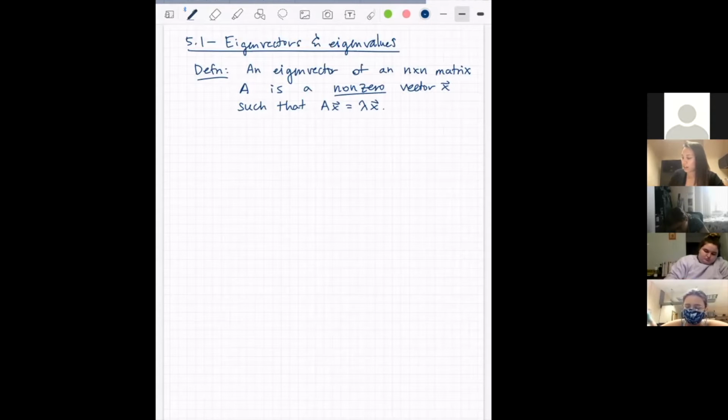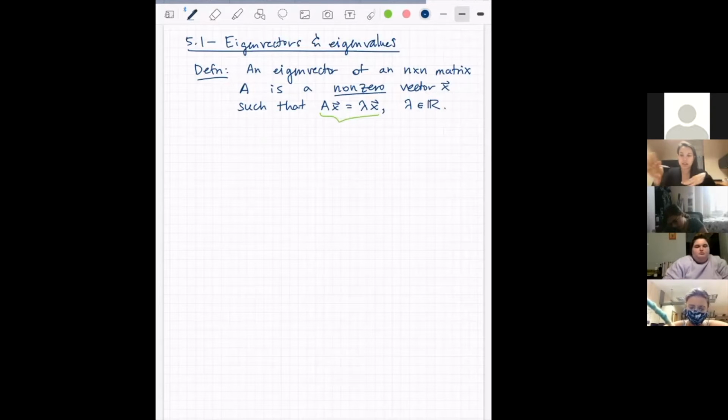And what this is saying is that for this particular vector, multiplying by A on the left is the same as just multiplying by a scalar. So here lambda is a real number. In this particular direction, multiplication by A is just scaling the vector.